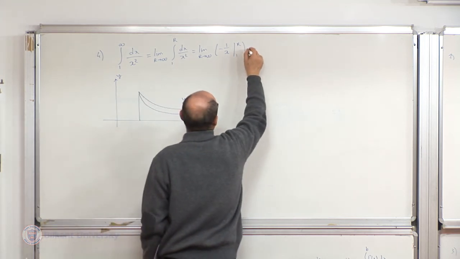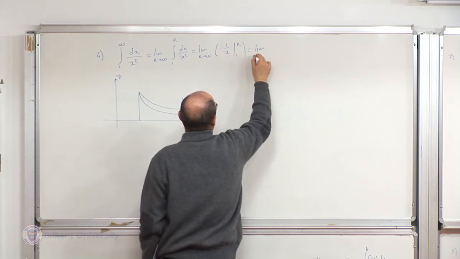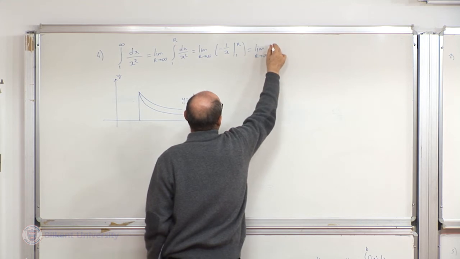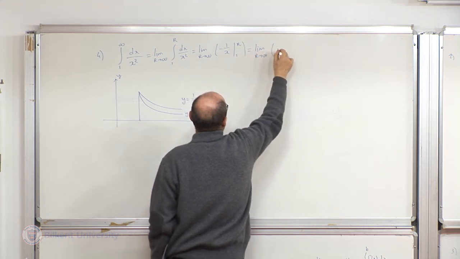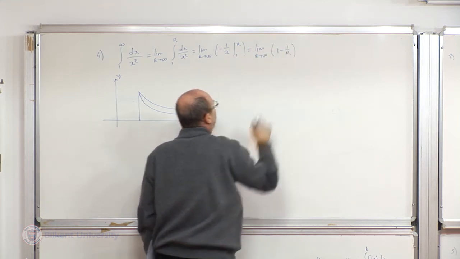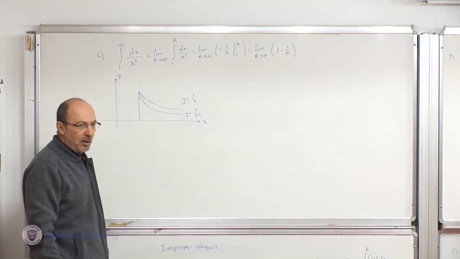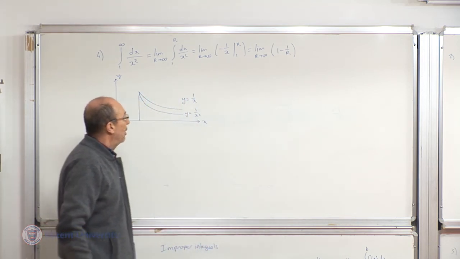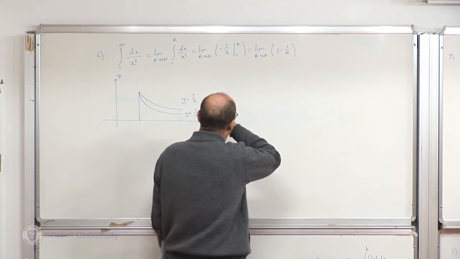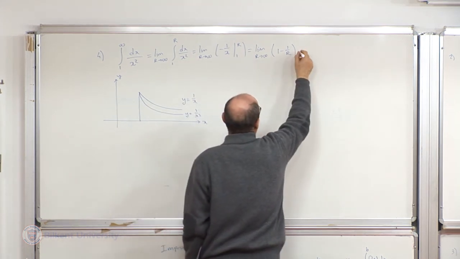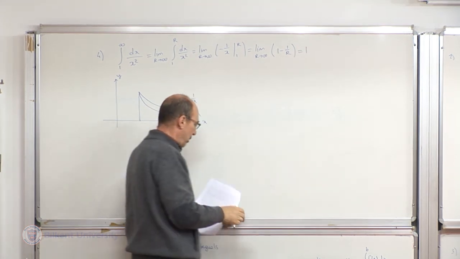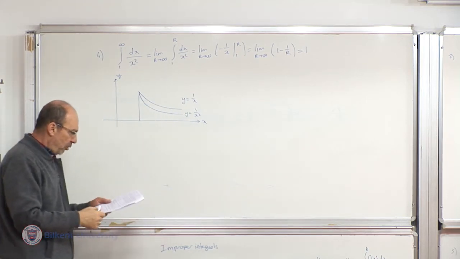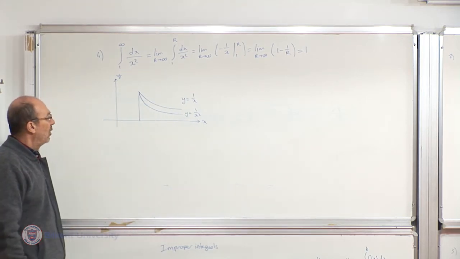So this is 1 minus 1 over r. Now I take the limit as r goes to infinity. This is 1. So it turns out that there is finite area, and in fact it's very small. The area under this is 1.